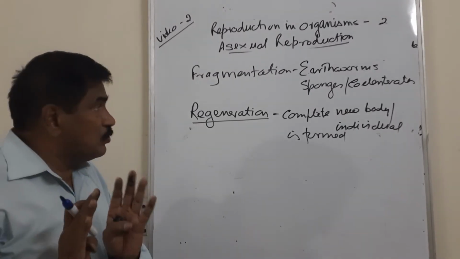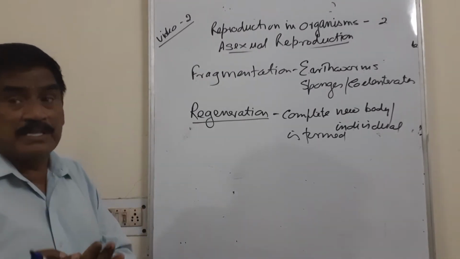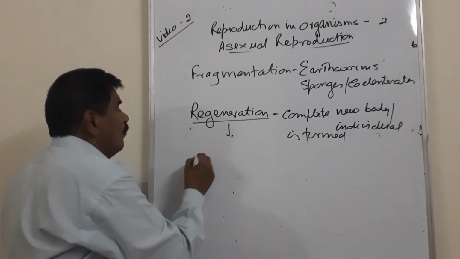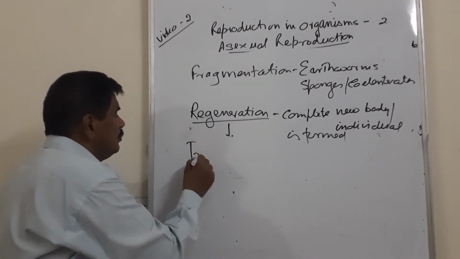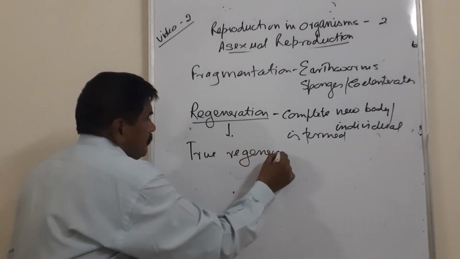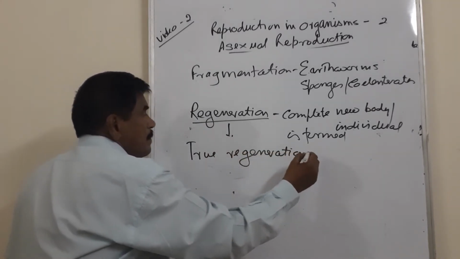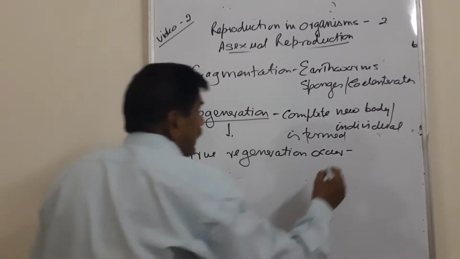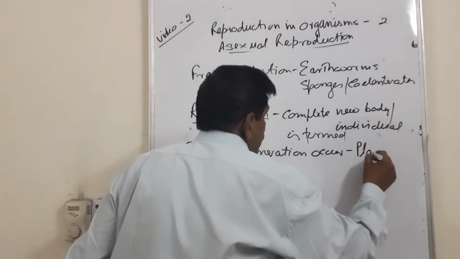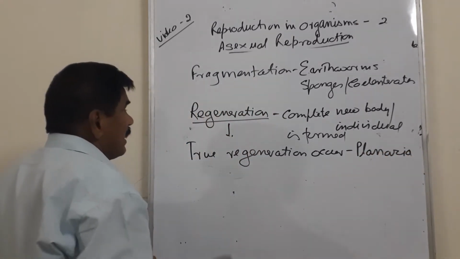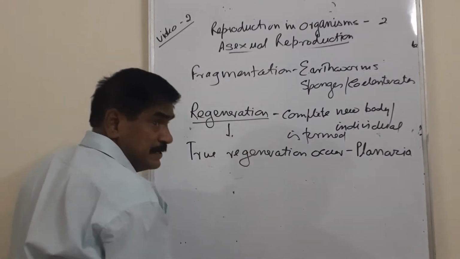Now, 2 or 3 pieces of information are very important. First question: where does true regeneration occur? It is planaria. The planarians have true regeneration.